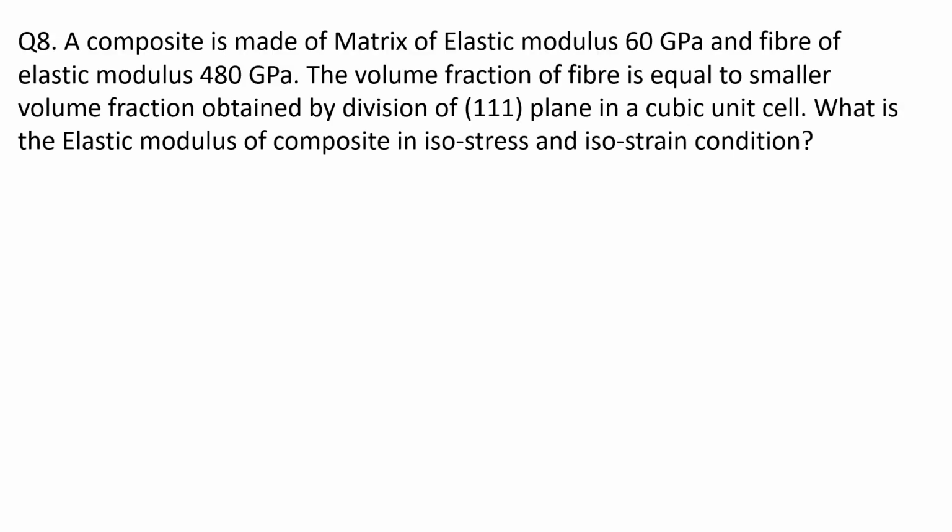Hello everyone, let's see a problem related to composite material. A composite is made up of matrix of elastic modulus 60 GPa and fiber of elastic modulus 480 GPa. The volume fraction of fiber is equal to the smaller volume fraction obtained by division of the 111 plane in a cubic unit cell.